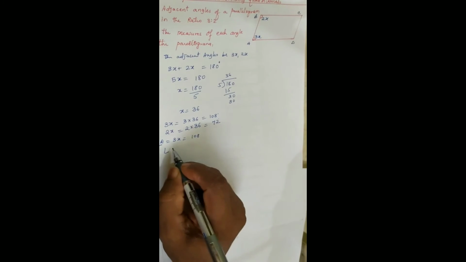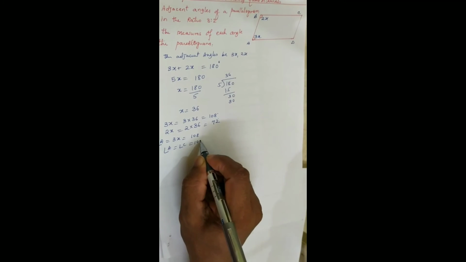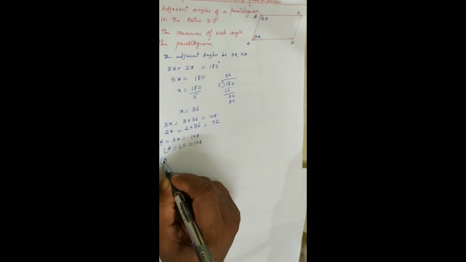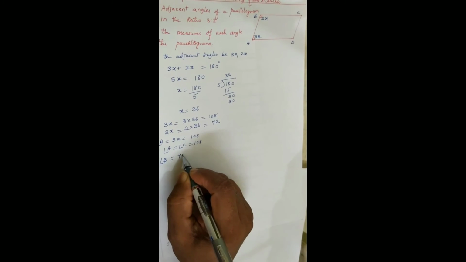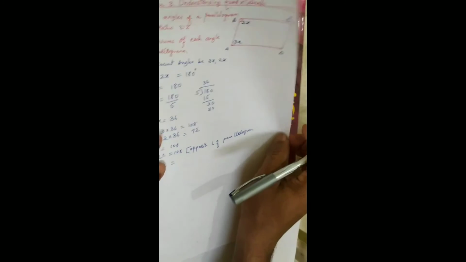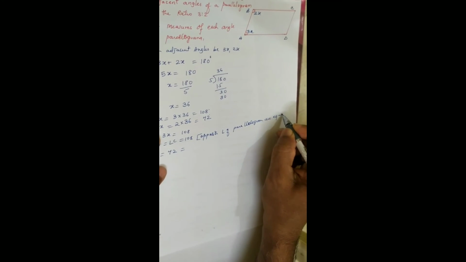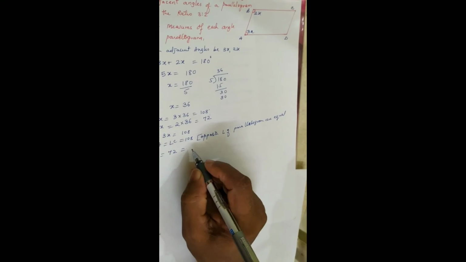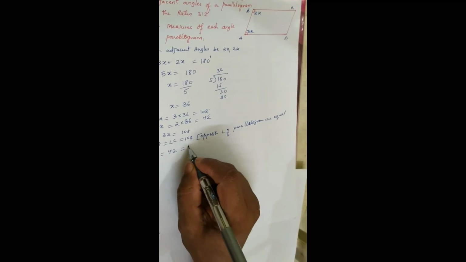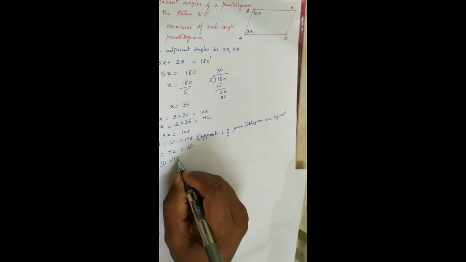Angle A equals angle C equals 108, and angle B equals 72. What you will write here: opposite angles of a parallelogram are equal. Angle B is 72 degrees, therefore angle D also will be, so angle D is 72 degrees.